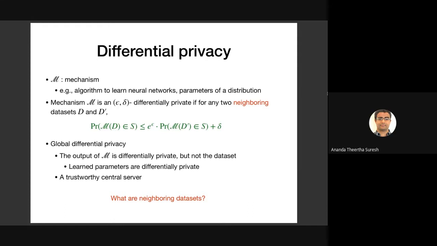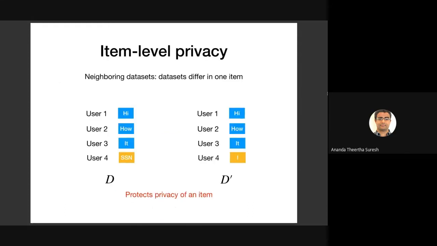Now let's go back to the definition of differential privacy. I've highlighted here neighboring data sets. So the question is, what are neighboring data sets in differential privacy? Typically, in differential privacy literature, two data sets are considered neighbors if they differ in one item.